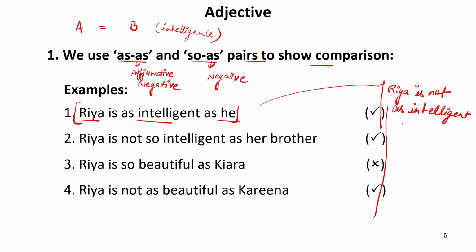Now I'm saying that Ria is not as intelligent as he. So this is the structure of converting this sentence into negative. There is one more structure of converting this into negative: Ria is not so intelligent as he.